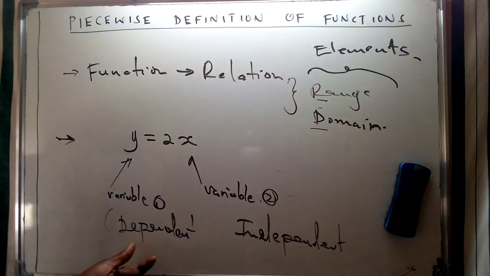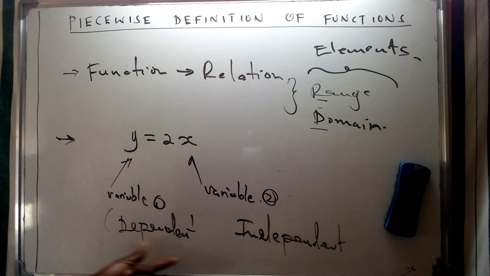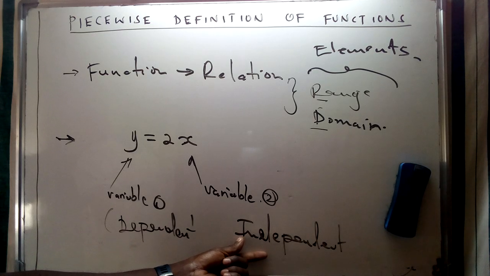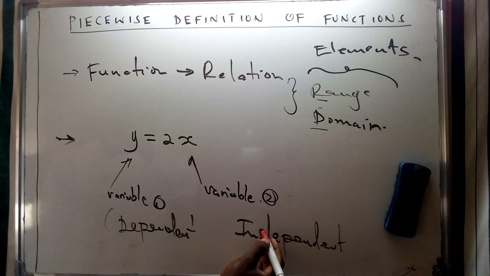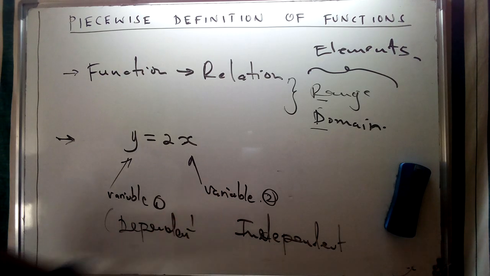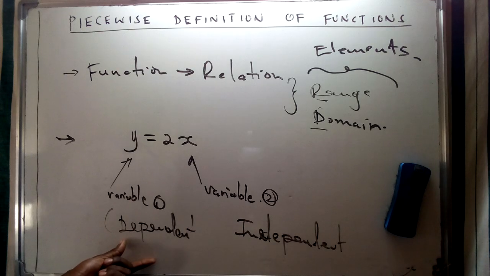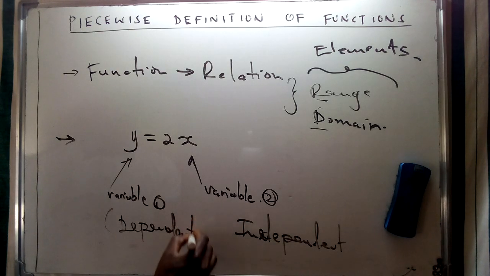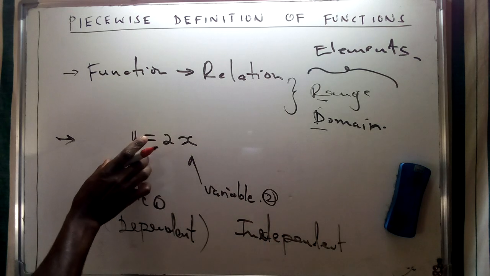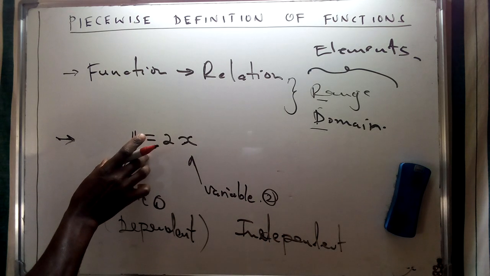The dependent variable portrays the aspect of dependency. So this depends on this, and this is why it's referred to as a dependent variable. For any change in this range of values, it's going to dictate exactly what value is going to appear in this.